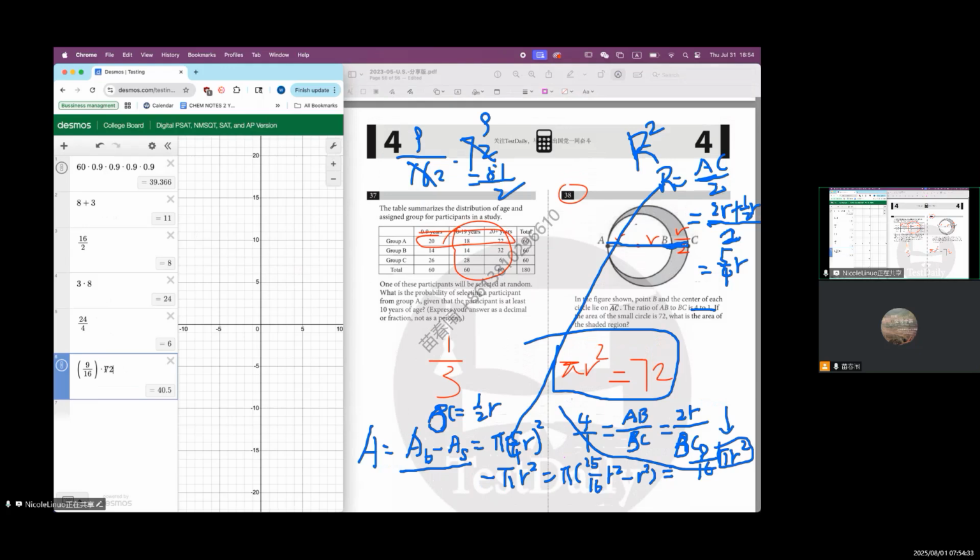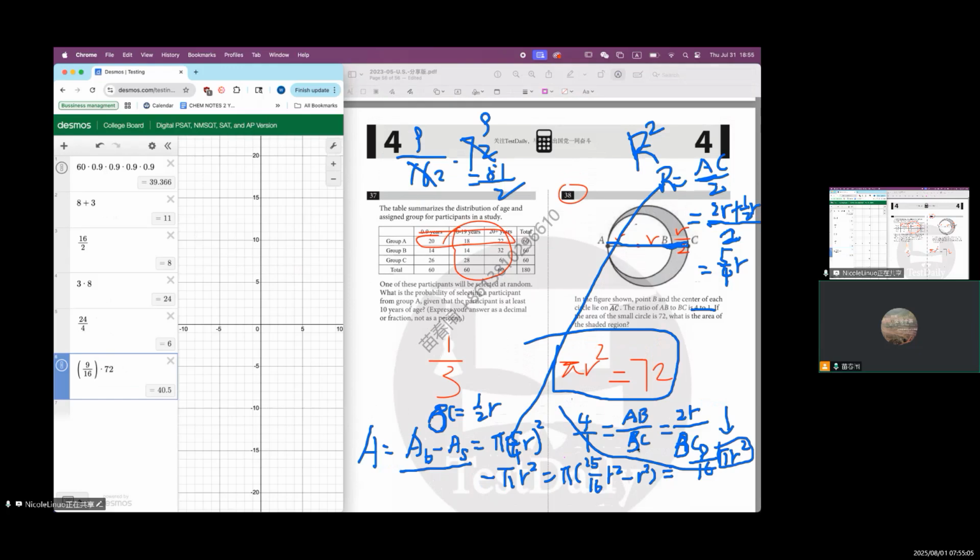What stopped you? I didn't really know what to do with the 4/1 and the AB over BC. Yes, I found AB and BC, but then I kind of got stuck. You can think that the shaded region is always subtraction or adding, right?